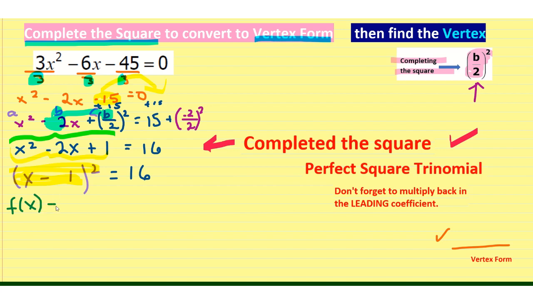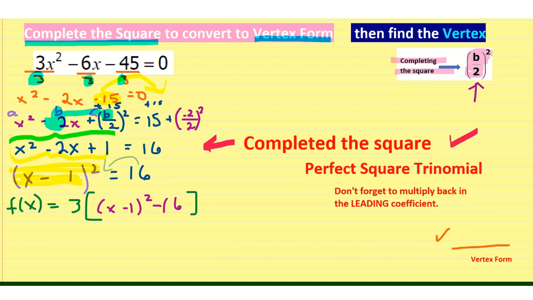So f of x is equal to, and I'm going to multiply the 3 back in to everything. I'm also going to move the 16 back over here. So it's going to look like x minus 1 squared minus the 16, and I'm going to close that bracket.